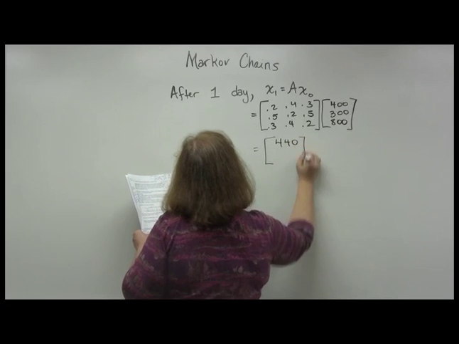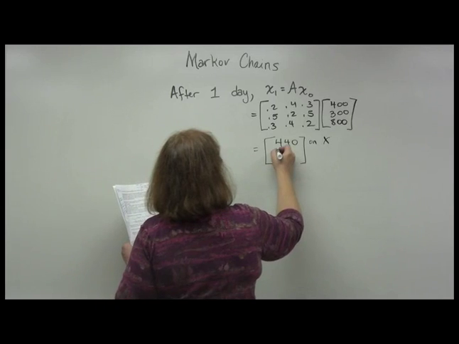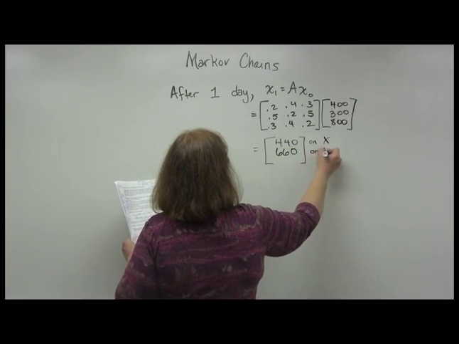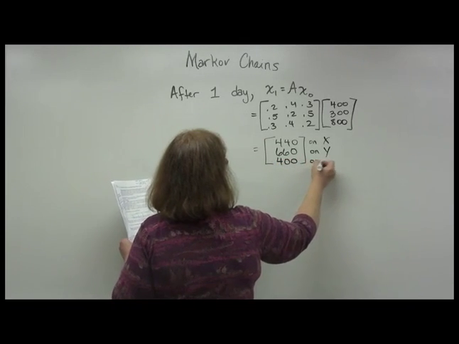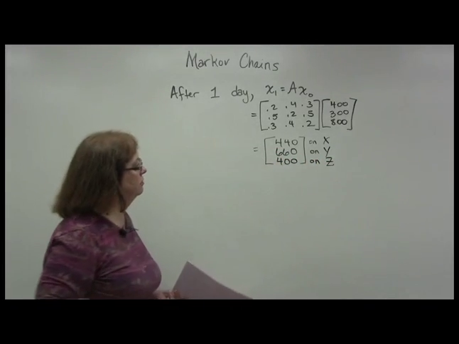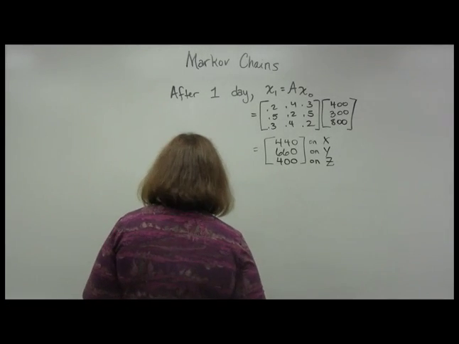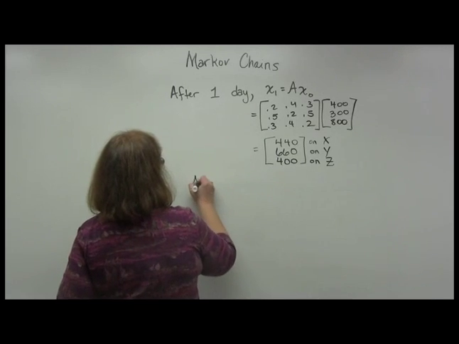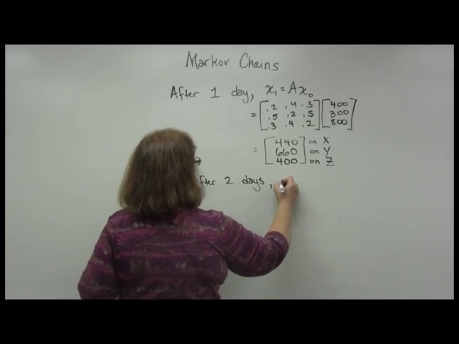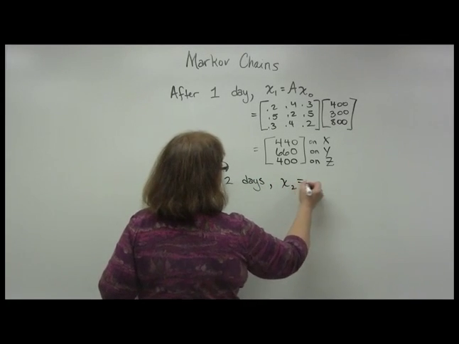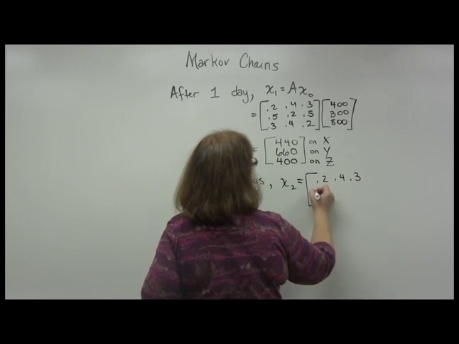440. Now that's going to be 440 birds on X, 660 on Y, and 400 on Z. And if I add that up again, you'll see you still get 1,500 birds. Okay, if I wanted to figure out for 2 days, we're looking for X sub 2, which I can again just multiply this transition matrix times the answer I just got.